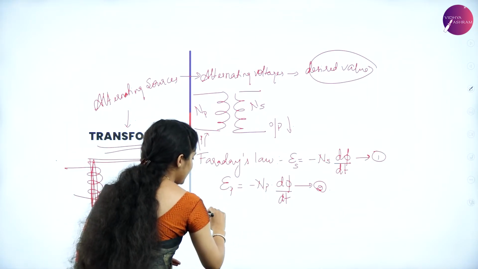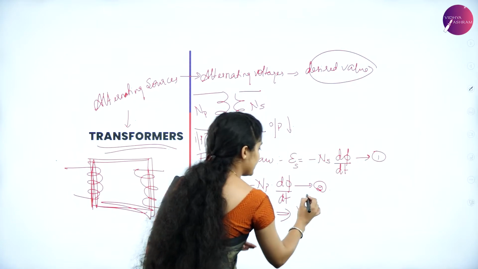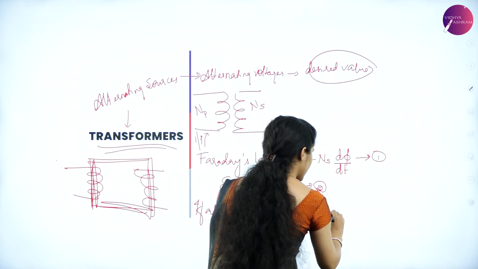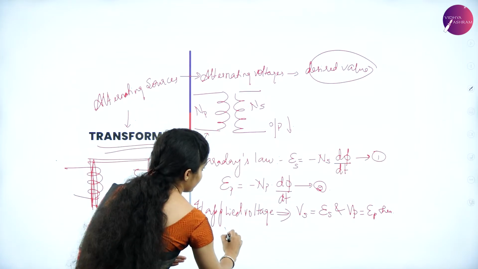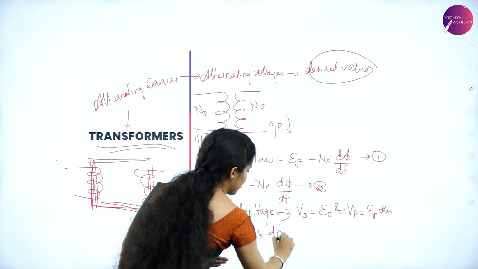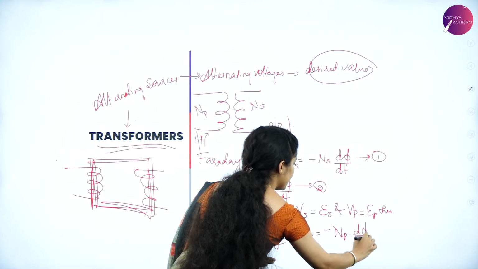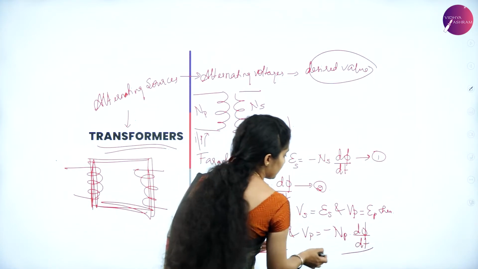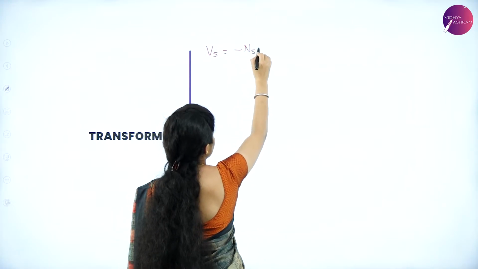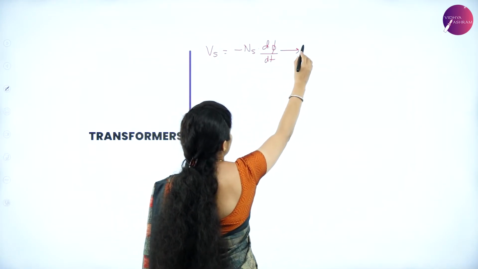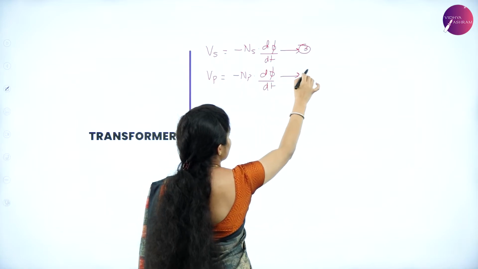If the applied voltage is Vs for the secondary coil, equal to epsilon S, and Vp equal to epsilon P, then the equations become Vs equal to minus Ns into d phi by dt, equation 3, and Vp equal to minus Np into d phi by dt, equation 4.